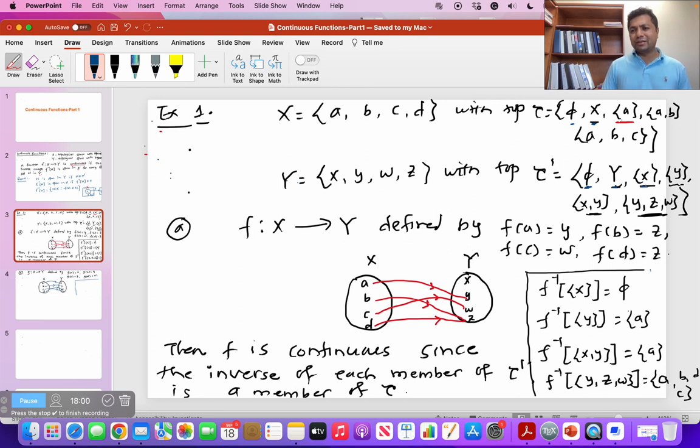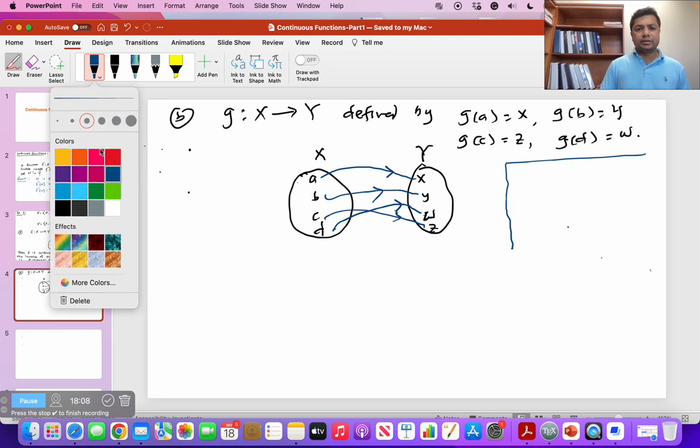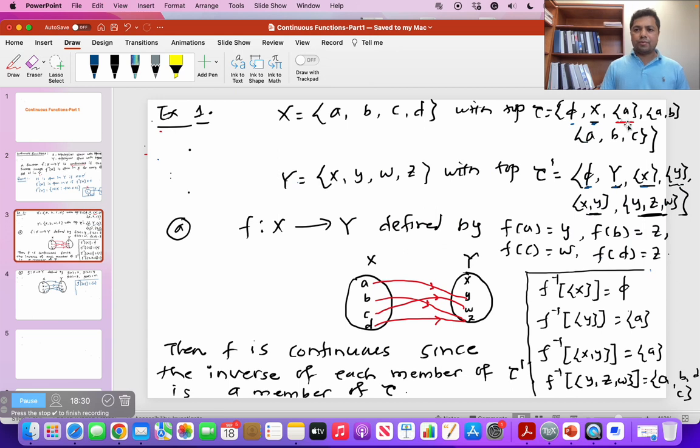Now let's take a look at the inverse image of the singleton set x. If you look at the diagram, the inverse image of x is a. That's the singleton set. Now let's see whether this is in tau or not. It is in tau, that's fine.